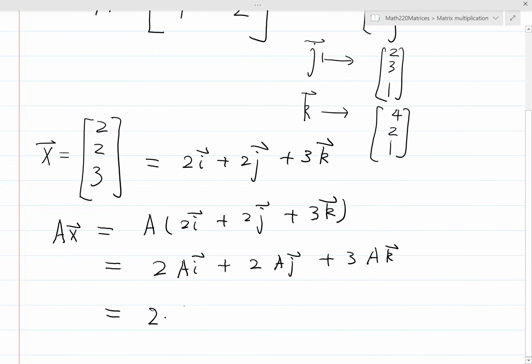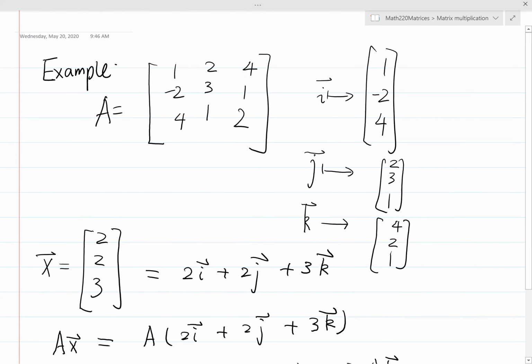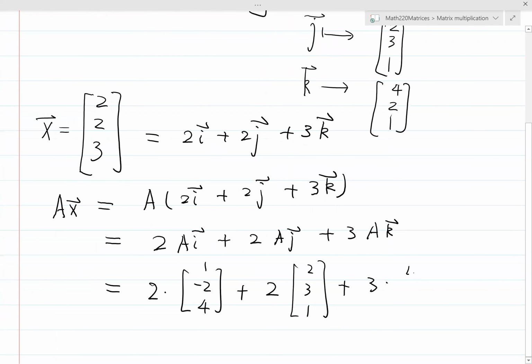So it's 2 times the first column, 1, negative 2, 4, plus twice the second column, plus 3 times the third column of A, which is 4, 1, 2.